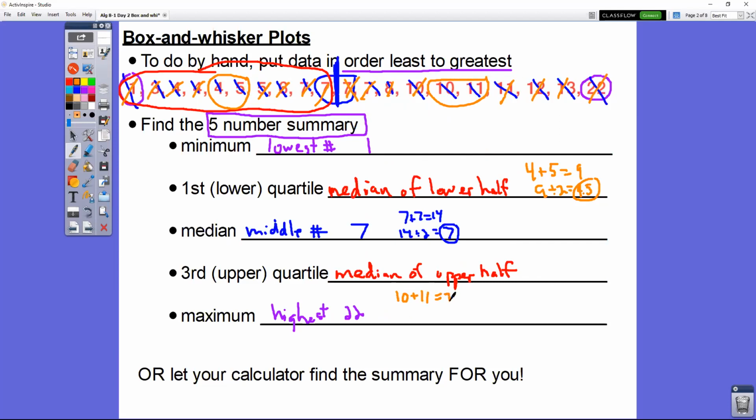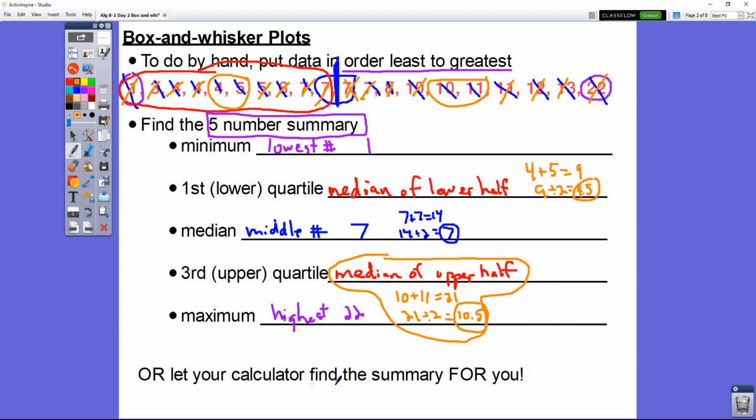Or you could find the mean or the average of that. So this would be 21 when we add them together and divide by 2. And that gives you 10.5. Sorry, I went on the wrong line here. This is the median of the upper half. So that would be 10.5 for your Q3 or third quartile.